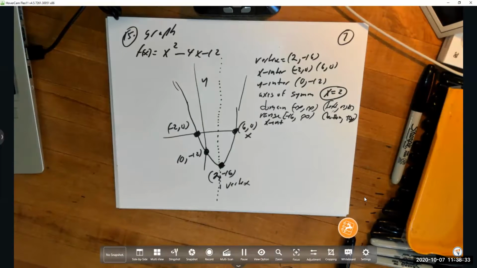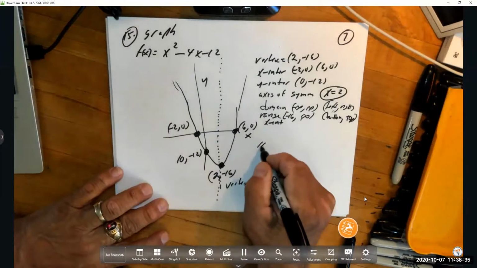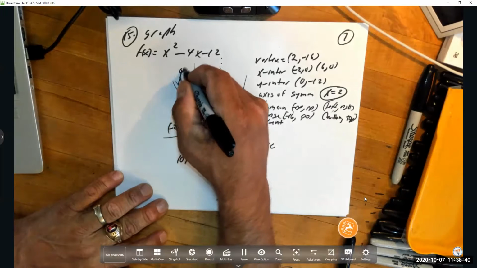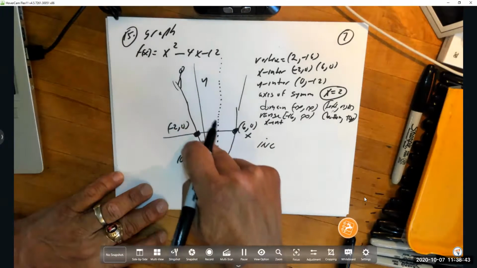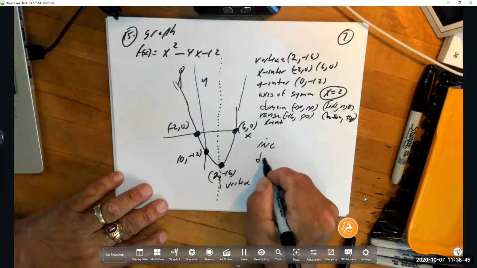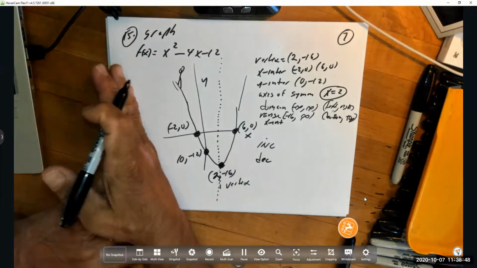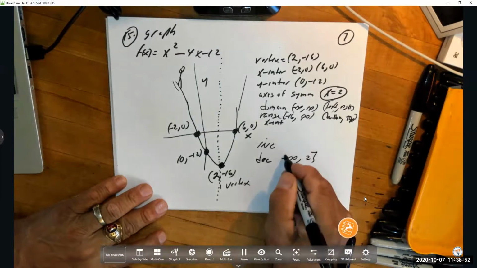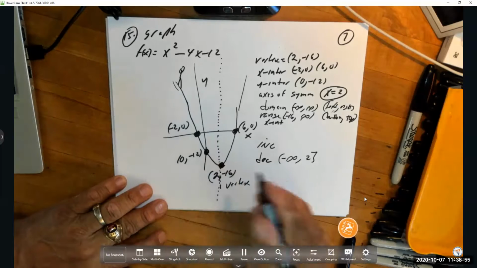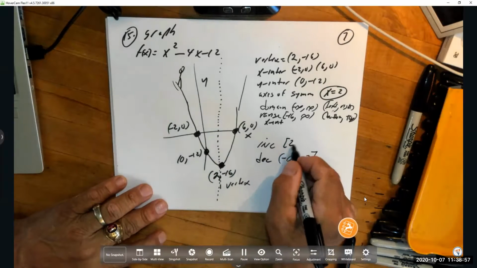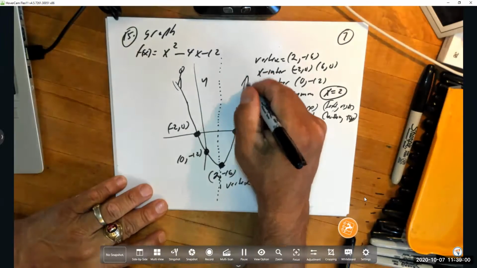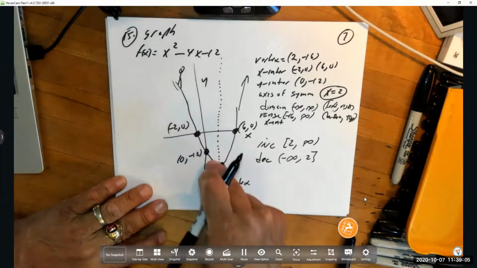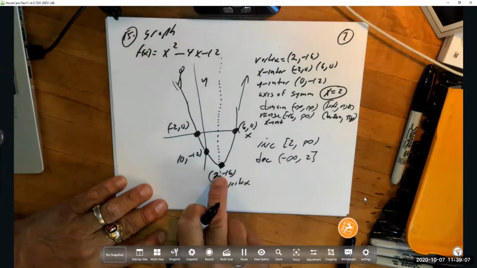And then I think, what else is there? Oh, one other thing. Increasing. Well, right here, if you were on this graph right now, you'd be decreasing all the way until you get to 2. So let me write this down. From negative infinity to 2, you're decreasing. And then from 2, it's going up the stairs right here. So it's decreasing, then it's increasing after the 2.